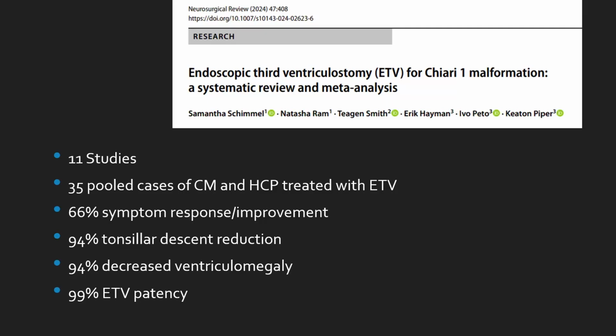Now, if you really look at the details of this paper, there's a lot of variation in patients. Several did need repeat treatment as well. So again, I don't think we have all our questions answered at this moment in terms of management. But avoiding a shunt obviously is great if there's anywhere over a 50% chance of response. And so I think ETV has become a favored method of treatment for this.